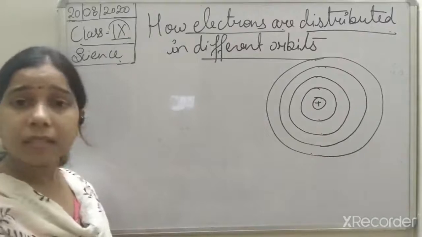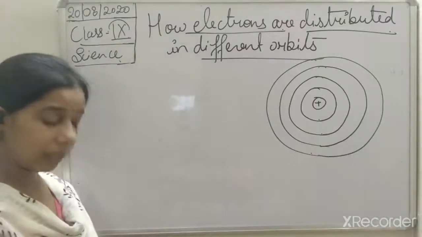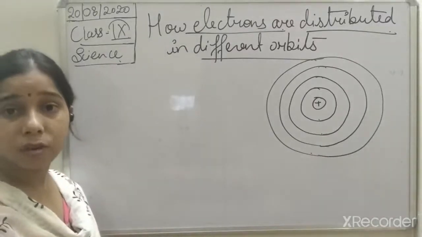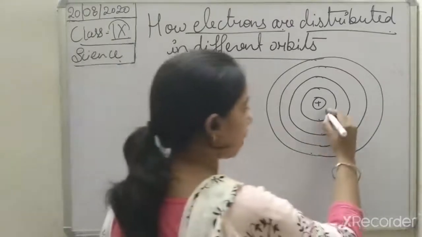Okay, so if these different shells are given there, we can say that in the different shells of the atom, different electrons are present.